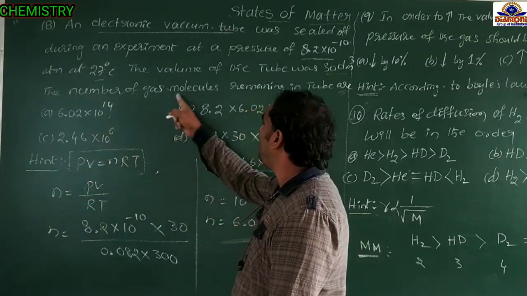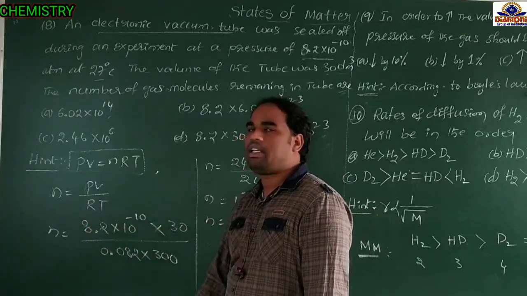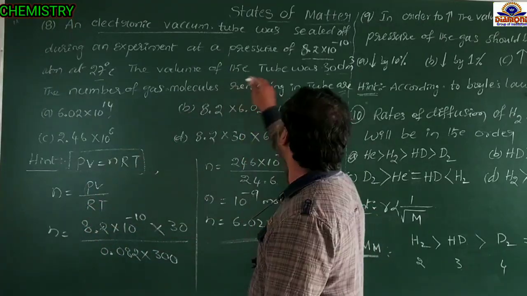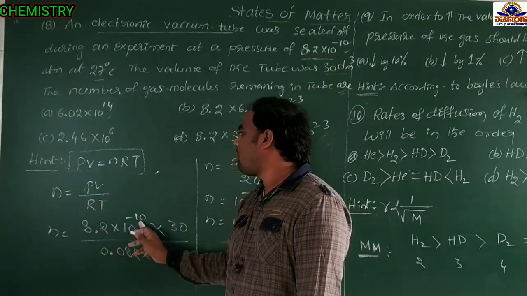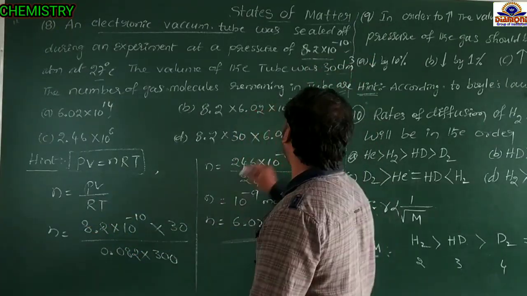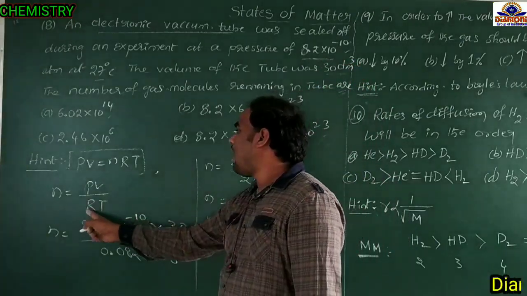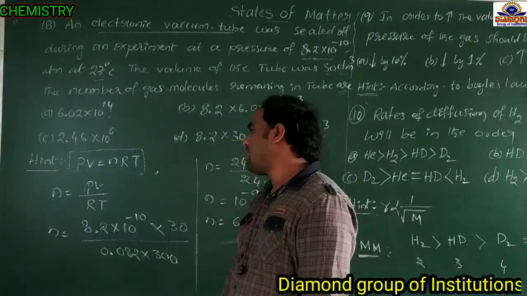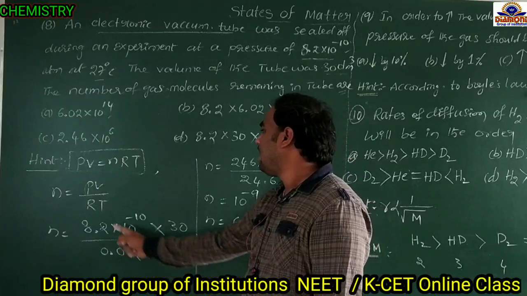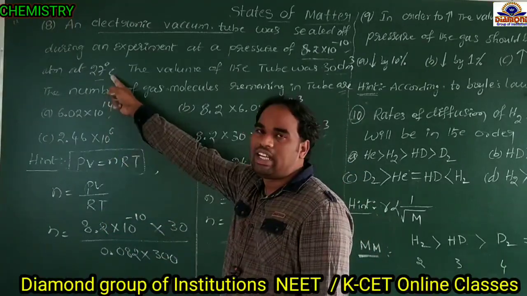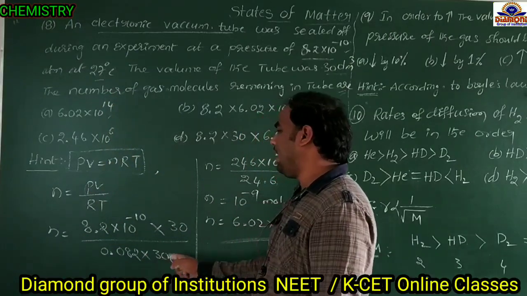Pressure is 8.2 into 10 to the power of minus 10, volume is 30, and R is the universal gas constant, 0.082. Temperature is 27 degrees Celsius, converted into Kelvin, 27 plus 273, therefore 300.